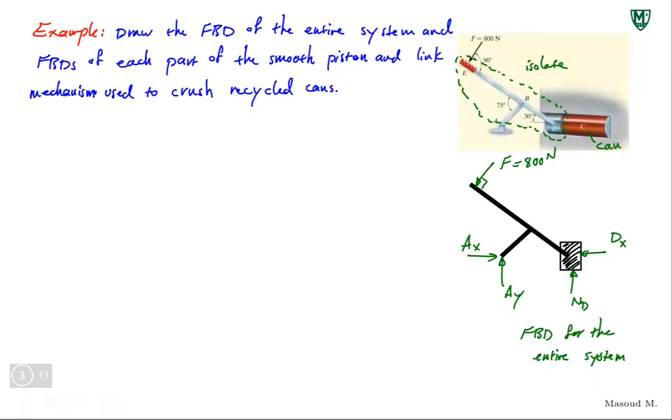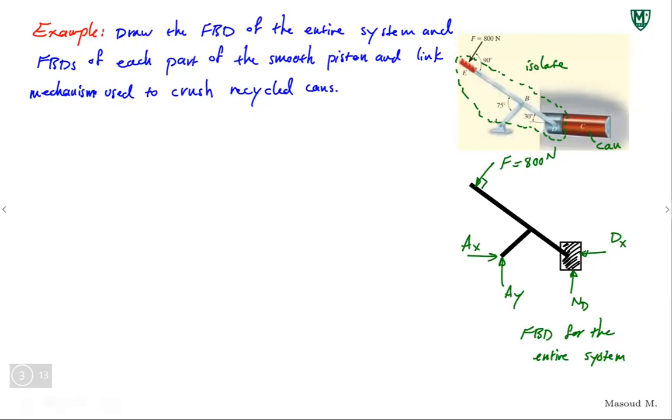DX and DY. Well, DY, where would that come from? Oh, well, pay attention that I'm not separating the piston from the rest. The piston is attached right now. So at point D, once I separate the piston, I'm going to have two forces. These forces that you see there, ND and DX.